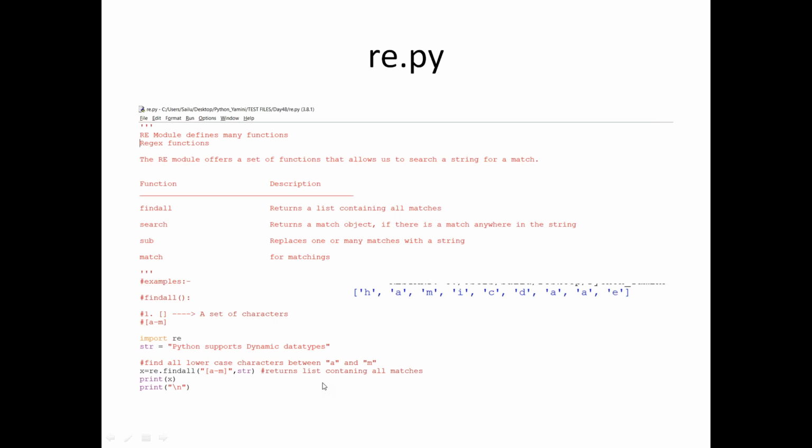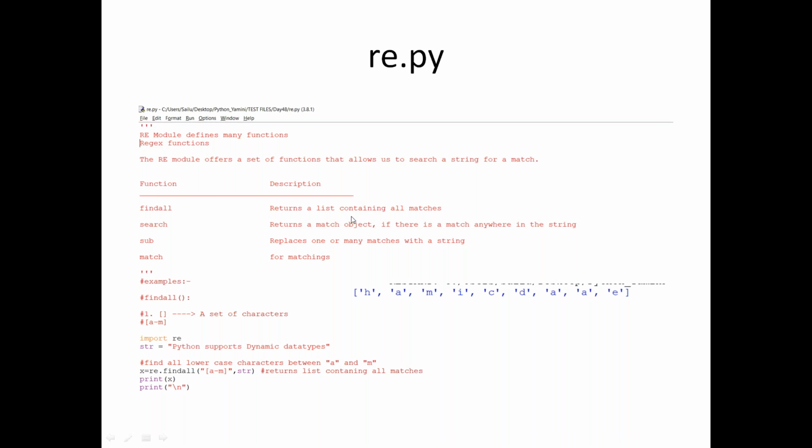Now let's try to see the examples by using the 10 or 15 regular expressions we learned. The regular expression module defines many functions, as we discussed. The re module offers a set of functions that allow us to search a string for a match. So the functions are findall, search, sub, and match.